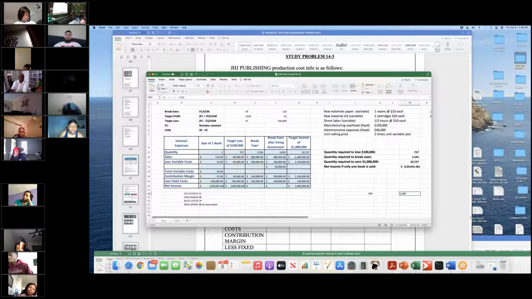So they're dropping the price to 90, there's an ad campaign of $50,000, and they sell 5,000. What is the net income after they do that? What would the net income be?